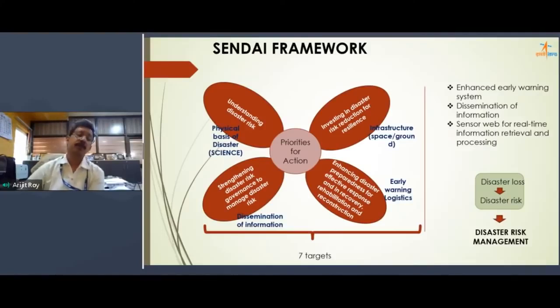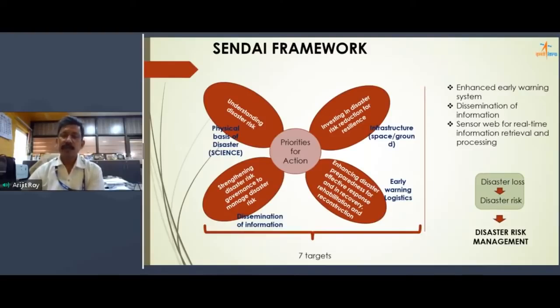Now, when we talk about governance, the prime factor for governance is the information. So it basically translates into effective dissemination of the information.